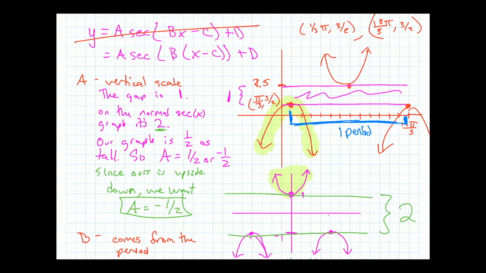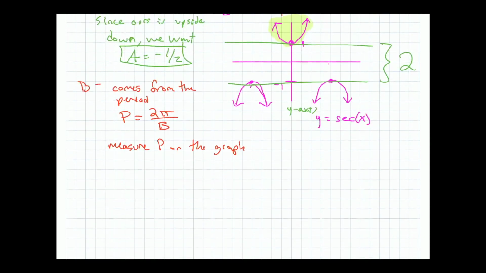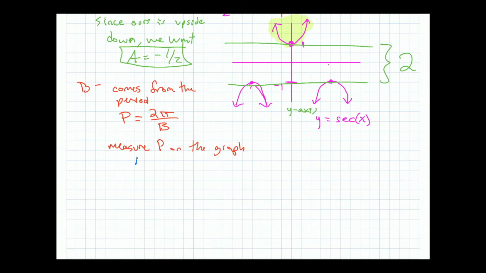So it's pi over 3 to 13 pi over 3. You do 13 pi over 3, the one on the right, minus pi over 3, the one on the left, and you get 12 pi over 3, which is 4 pi. That's the period, and that's what P is.